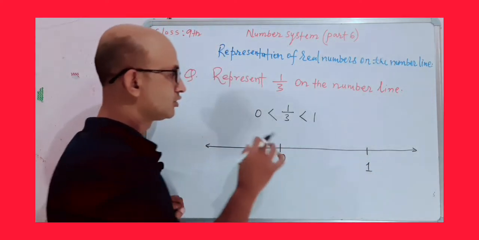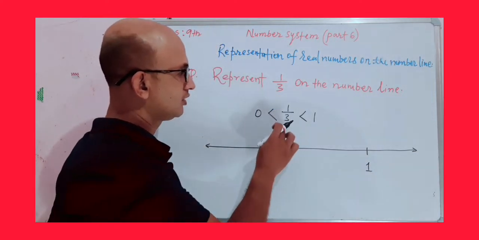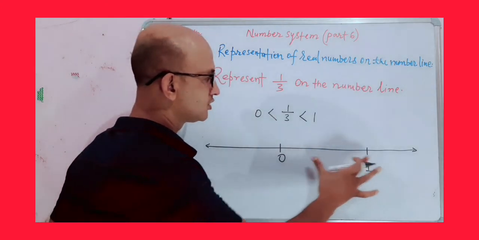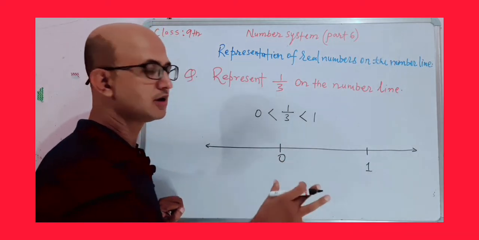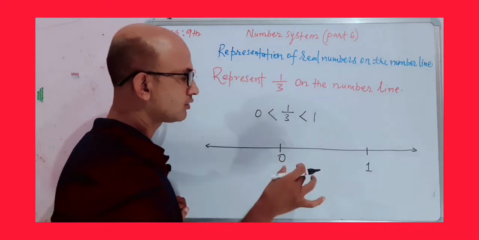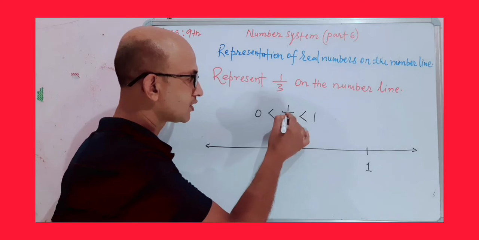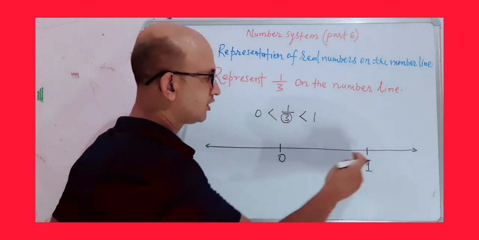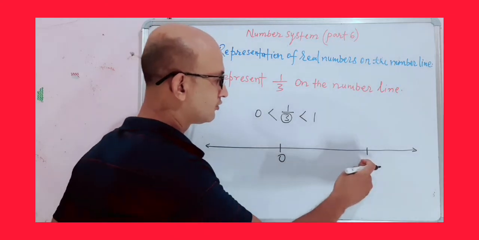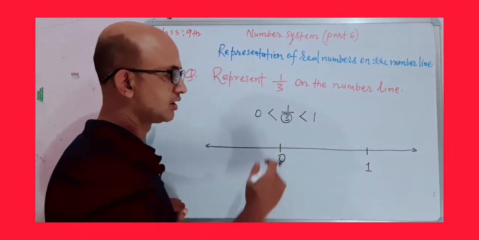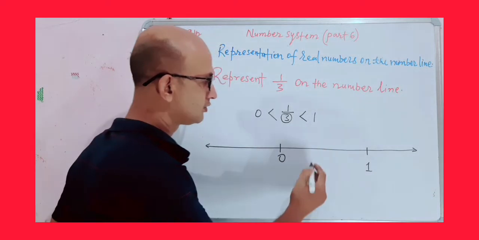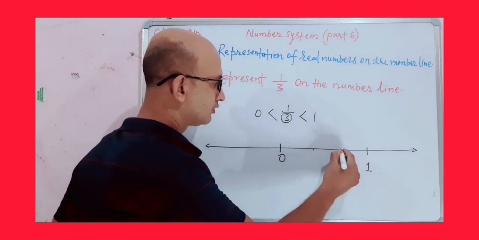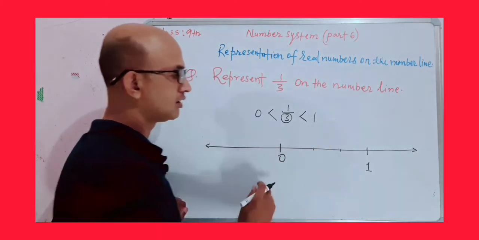Now, to represent 1 by 3 in between 0 and 1, the length between 0 and 1 will be divided into a number of parts equal to its denominator, that is 3. So, we divide the length between 0 and 1 into 3 equal parts, and to divide this length into 3 equal parts, we mark 2 points in between them.